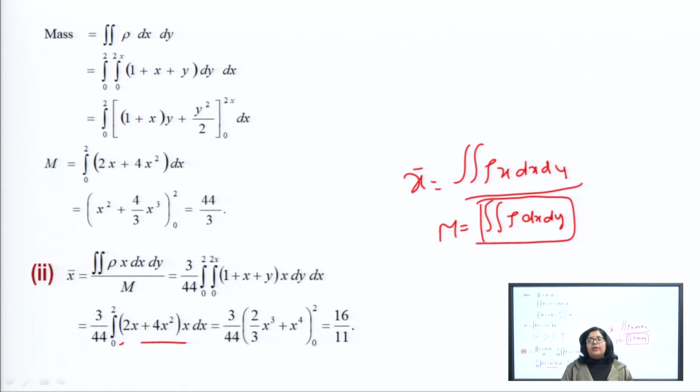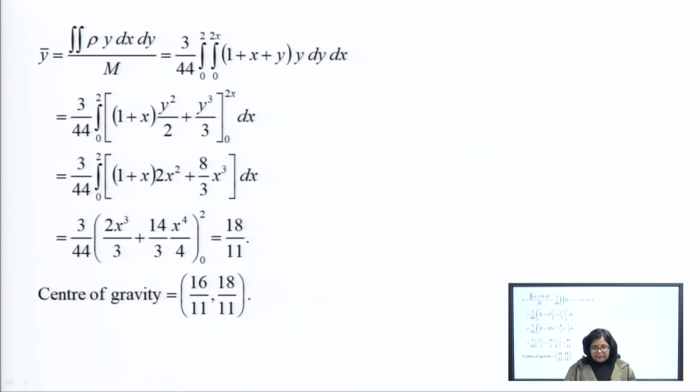Now we find the coordinate y bar. y bar is equal to double integration rho y dx dy upon m. We know the value of m is 44 by 3, put it here, with limits 0 to 2, 0 to 2x, and rho is 1 plus x plus y, y dy dx. Here the limit is a function of x.